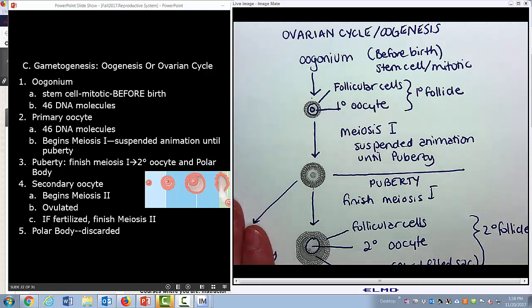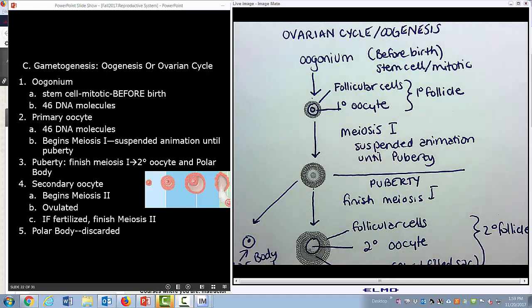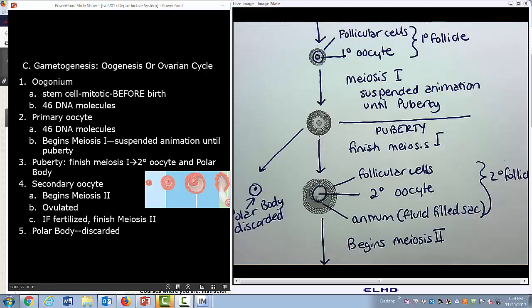All right. Now the secondary oocyte begins meiosis 2. But it doesn't finish meiosis 2. All right? So it does not finish it. It begins meiosis 2 and then it stops. So upon ovulation, it still has not completed meiosis 2.